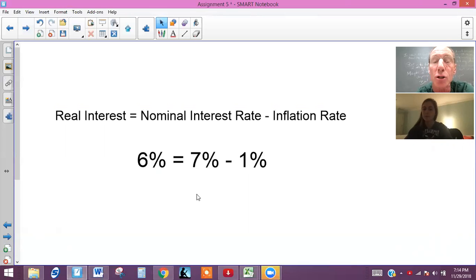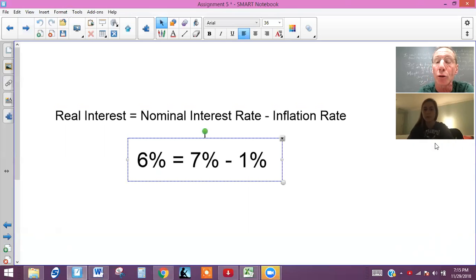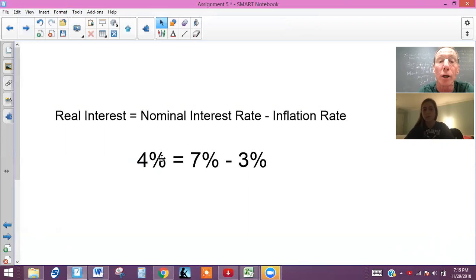But let's say it's 3%, an actual inflation rate higher than expected. Then the real interest rate is only 4%, so the lender ends up getting only 4% real interest. So if the actual inflation rate is higher than the expected, then that benefits the borrower. If you understand that, you'll be able to answer any of the questions on the quiz.